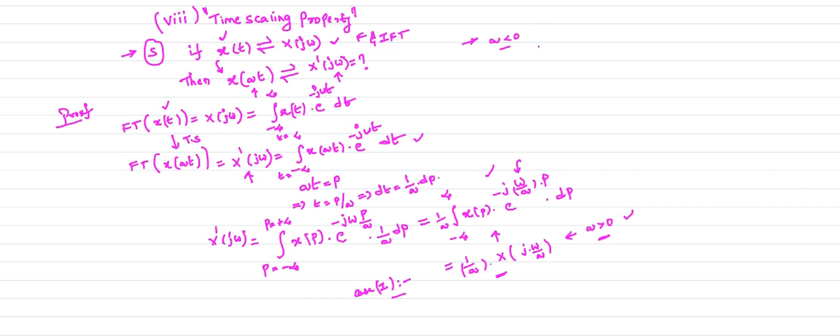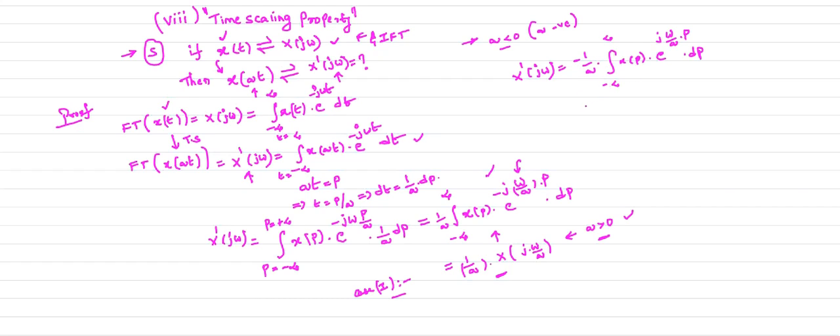So when a is less than 0, that means a is negative. In this formula, what I get for X dash of j omega is minus 1 by a, integral minus infinity to plus infinity, X of p, e power j omega by a, because a is negative, negative into negative leads to positive, into p, dp.